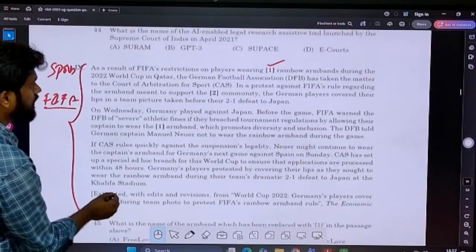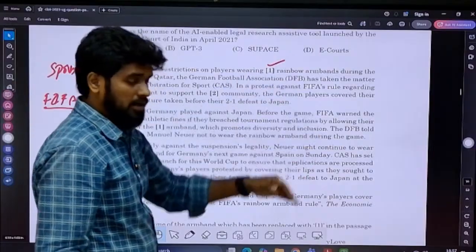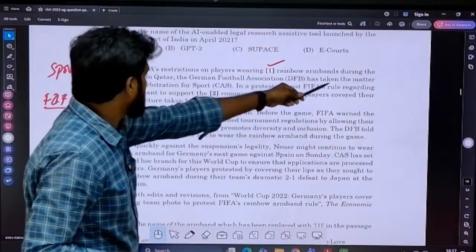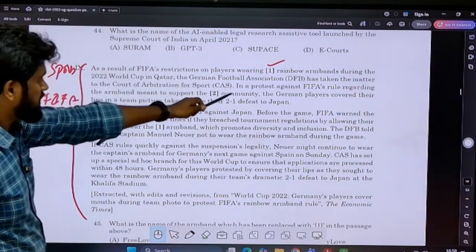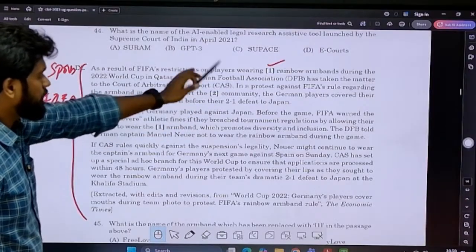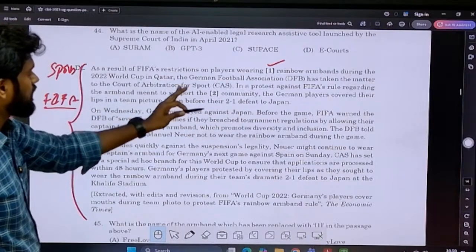Here it says: as a result of FIFA's restrictions on players wearing rainbow armbands during the 2022 World Cup in Qatar, the German Football Association has taken the matter to the Court of Arbitration for Sport, in a protest against FIFA's rule regarding the armband meant to support the community.